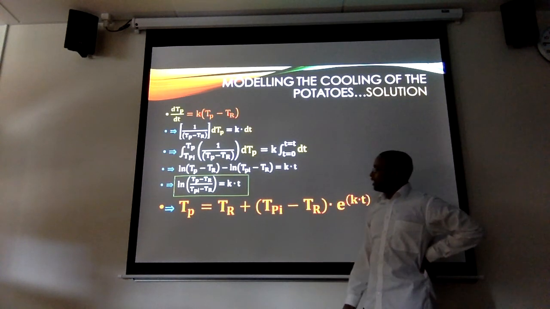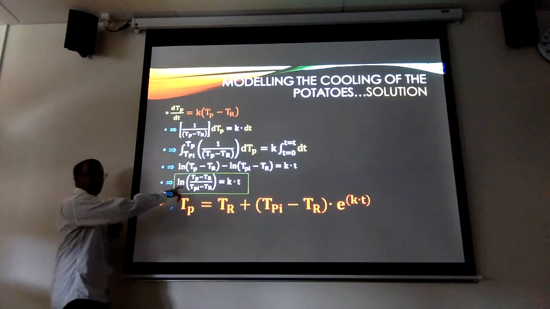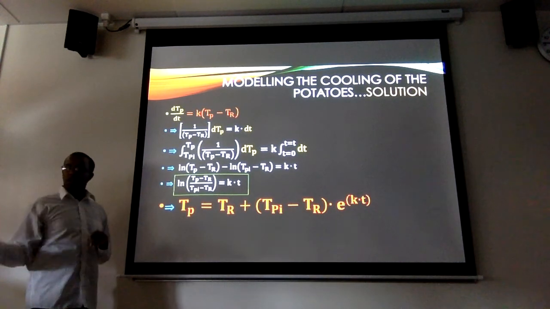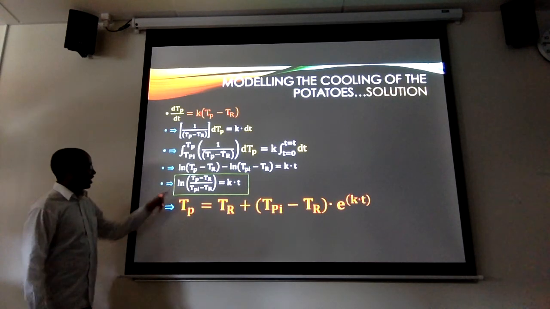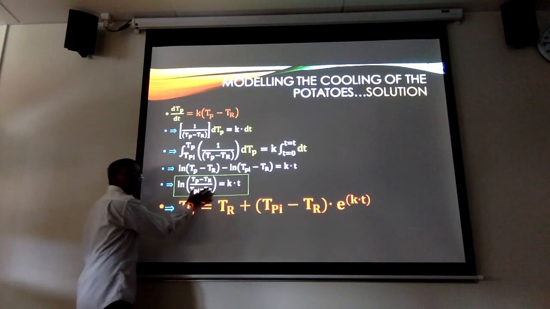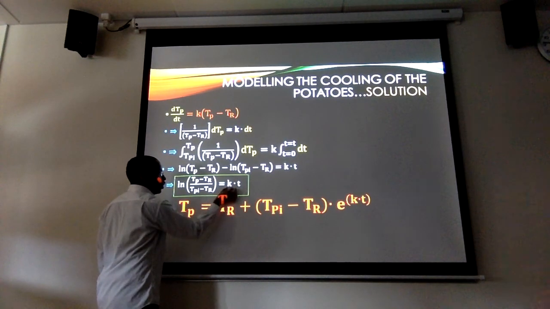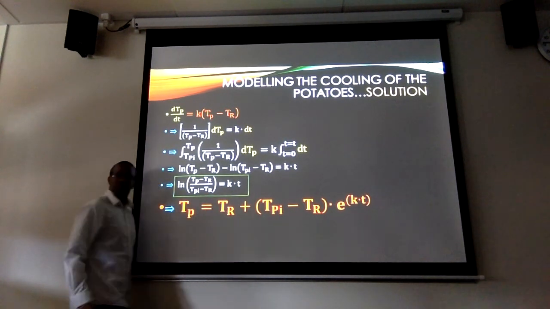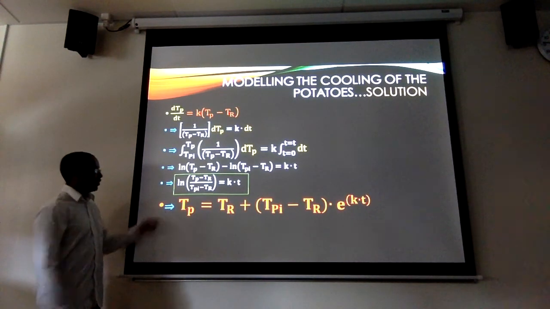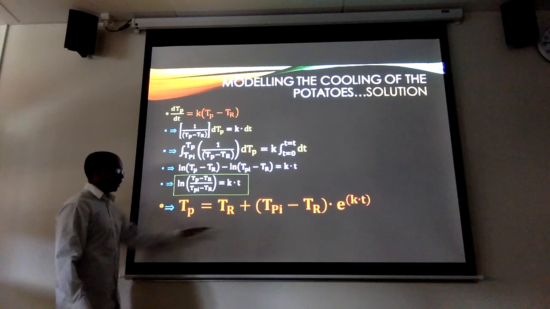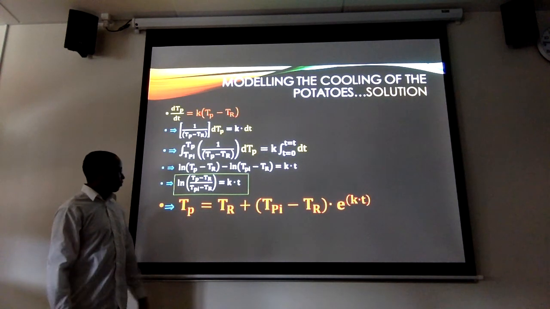One of the first steps is we take the anti-log, which is the exponential, on both sides. Here we get just this fraction, and here we get e, the exponential of this. And if you do the algebra on this side, then you get this.